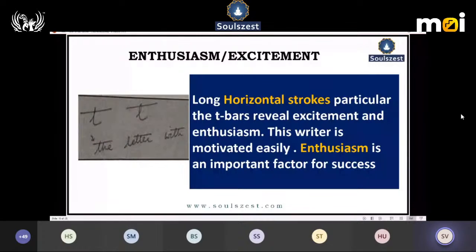Now, if a person writes only like this, so planning है, execution missing है. ठीक है? अब अगर एक बंदा ऐसे लिखता है, इसमें execution है, planning missing है, right?